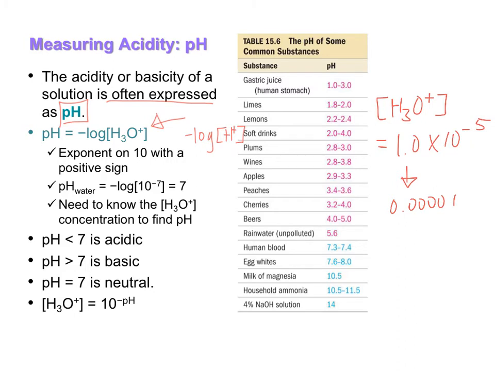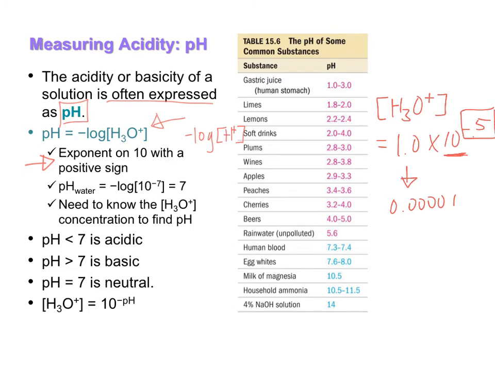What does log do? Log takes that times 10 to the, and it makes it into whatever exponent it is. So this is why this says pH is the exponent on the 10. Here we have a 10, but with a positive sign. You see how the exponent here is a -5?